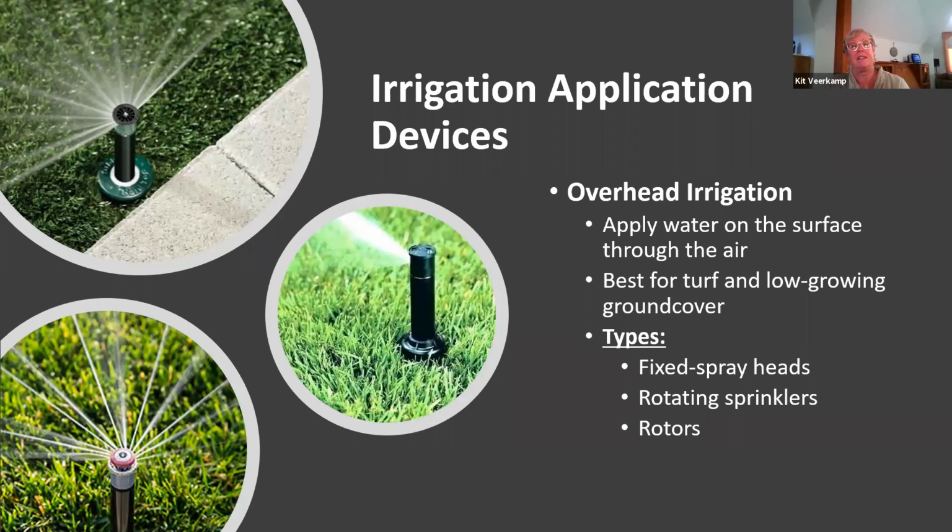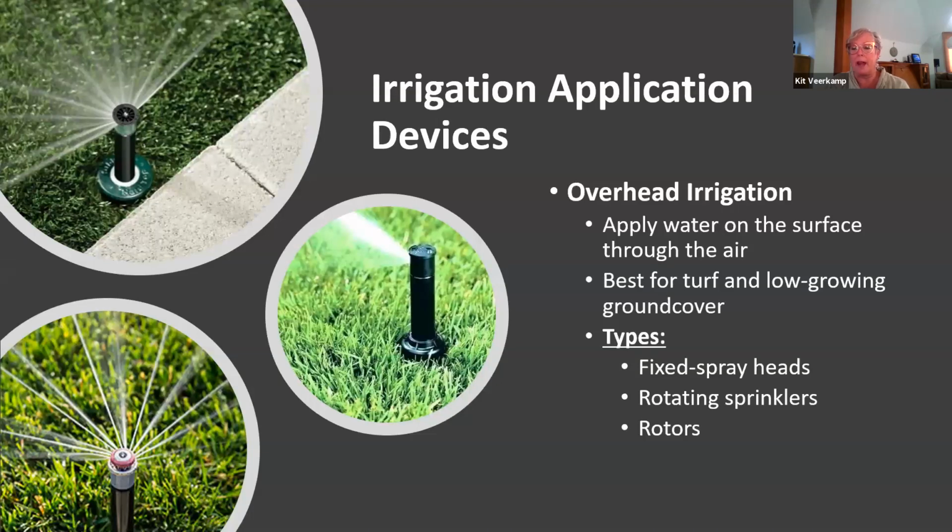And then we've got the various devices that actually apply the water, so the sprinklers or the drippers. Overhead irrigation is best for turf and low-growing ground covers. It is by far less efficient than a drip system, mainly because you're losing water to the atmosphere, plus the application itself, with the best design system and the most efficient heads, is a maximum of 75 to 80% efficiency.